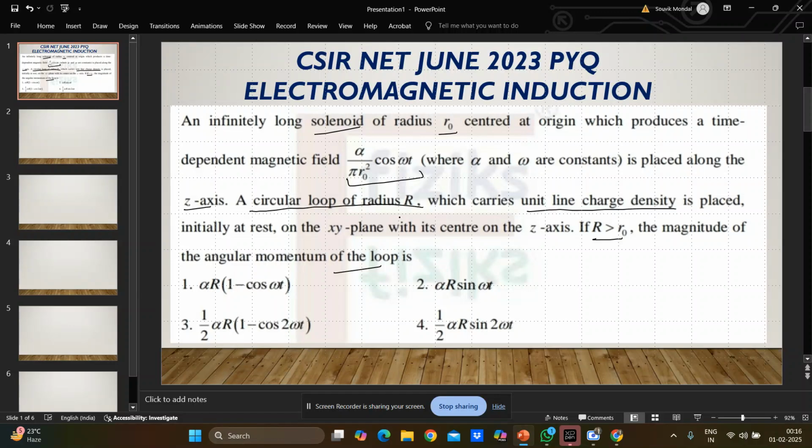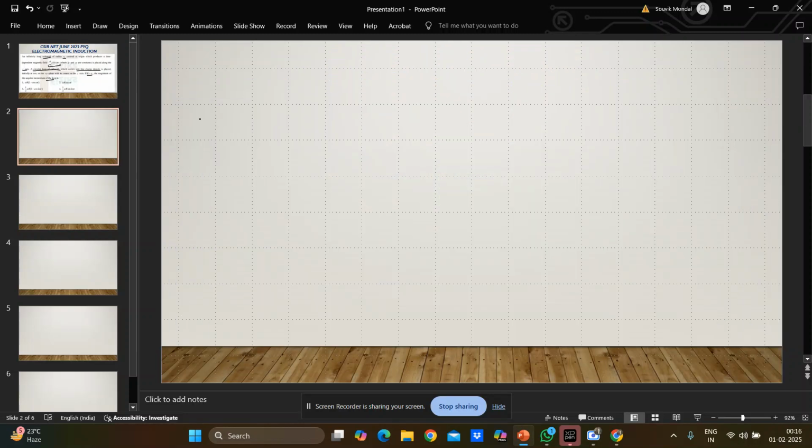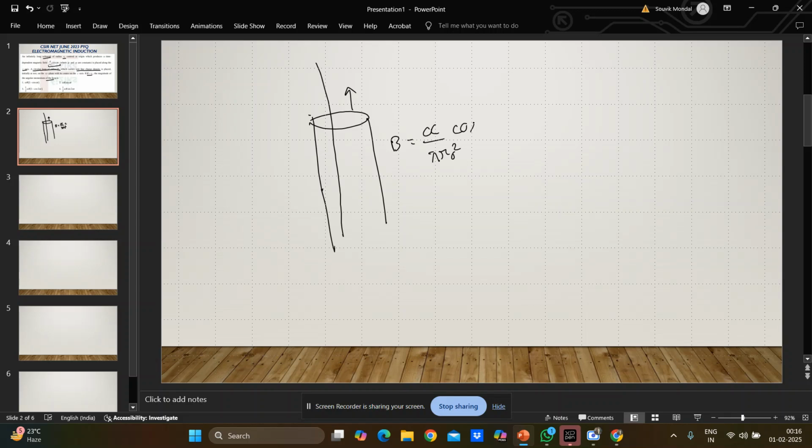So let me first summarize and try to draw the diagram for you of what is given. It is a z-axis, and here is an infinite solenoid, up to infinity. This solenoid has some radius, and there is a time-dependent magnetic field, that is alpha by pi r0 square into cos omega t.